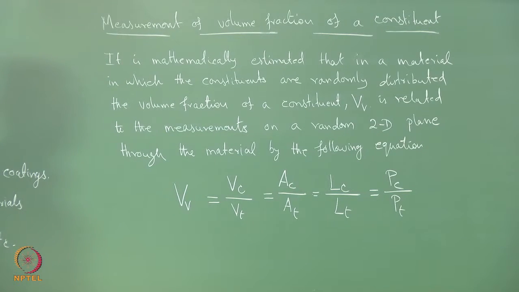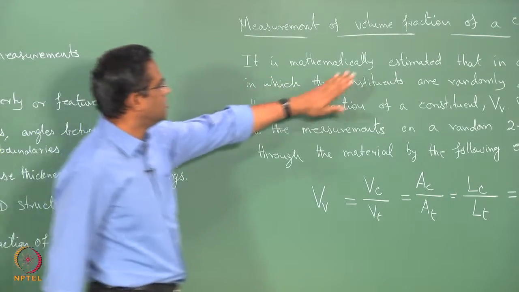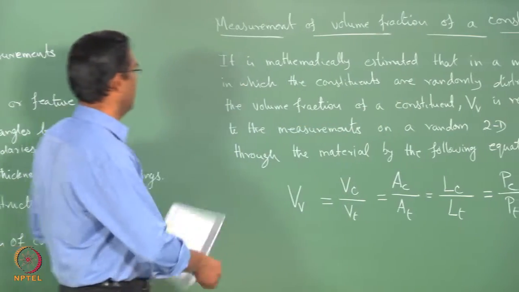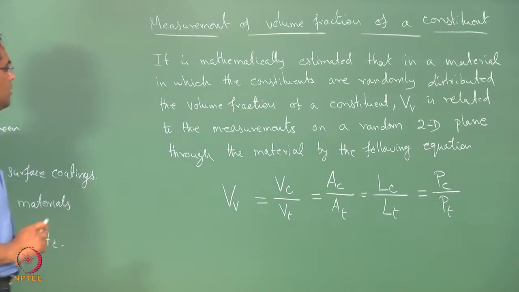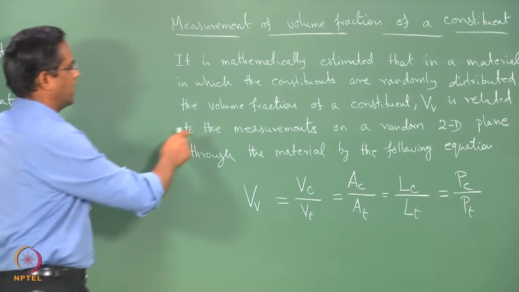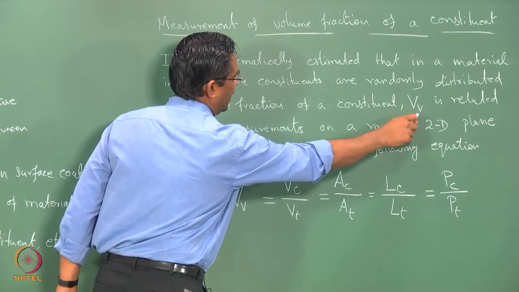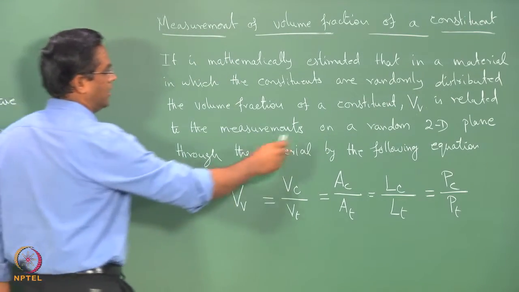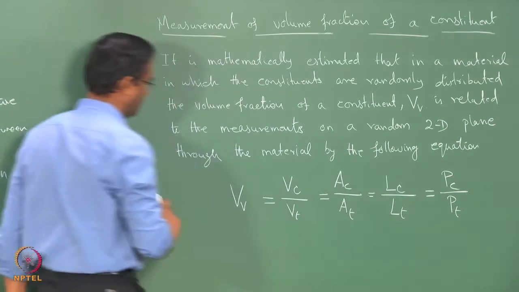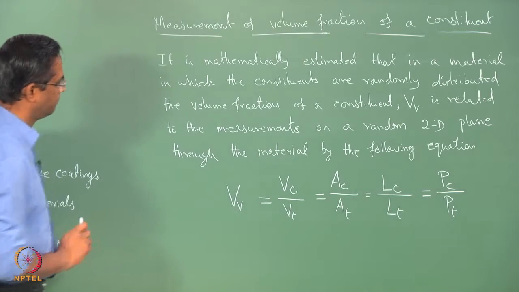So, what I have written here is, it is mathematically estimated that in a material in which the constituents are randomly distributed, the volume fraction of the constituent, that is VV, is related to the measurements on a random 2D plane through the material by the following equation.